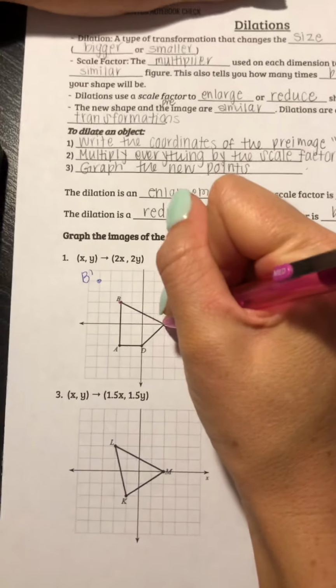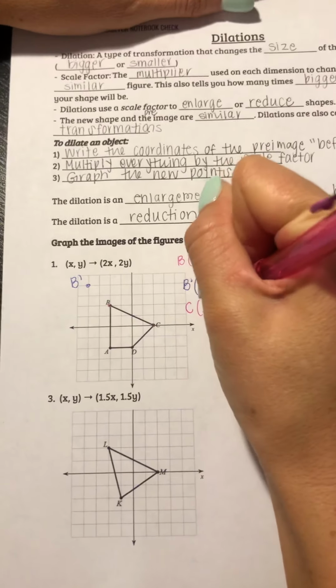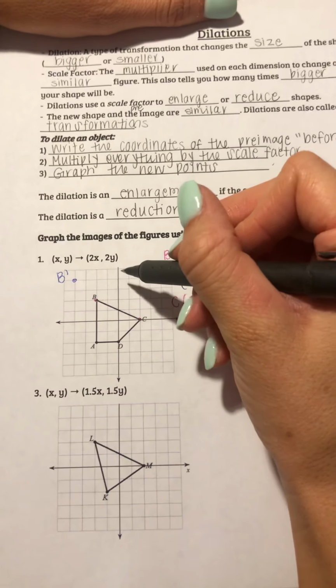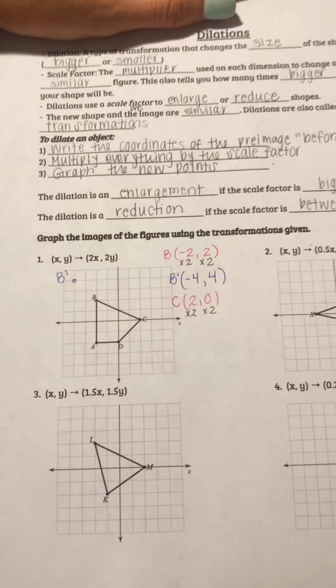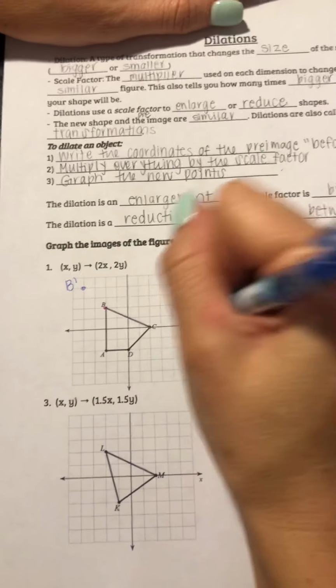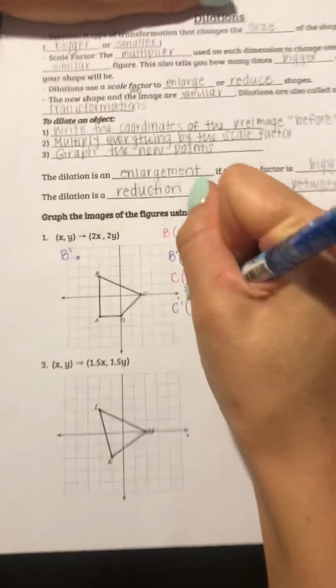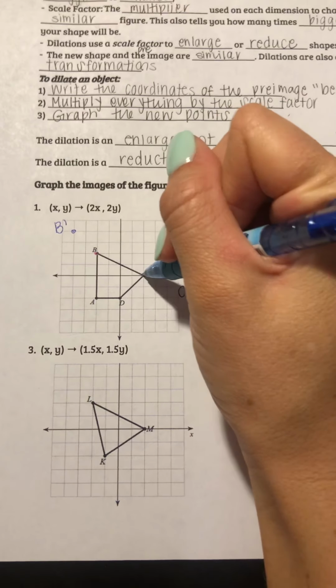So I have C, and that's at (2, 0). I'm going to do the same exact thing, multiply it by my scale factor, which is 2. And that'll become C prime. So that becomes (4, 0). And now I'll graph and label that one.